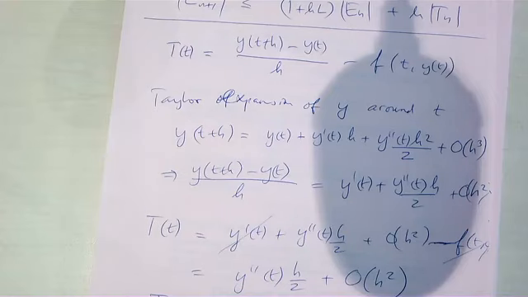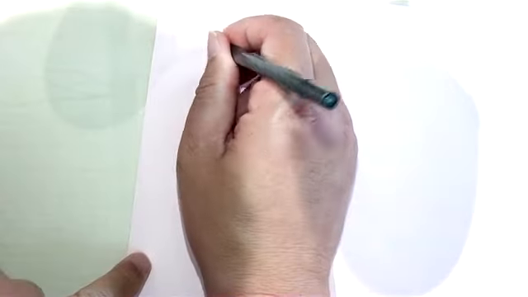So now we are talking about the implicit Euler method. What is the implicit Euler method? If you remember, how do we define the Euler method?